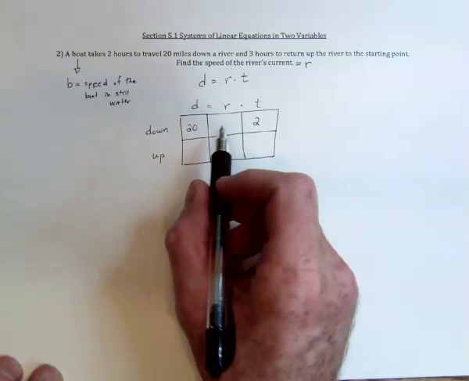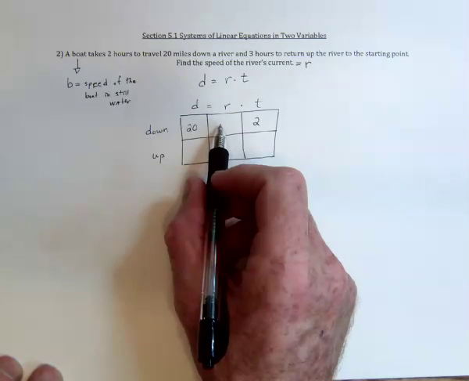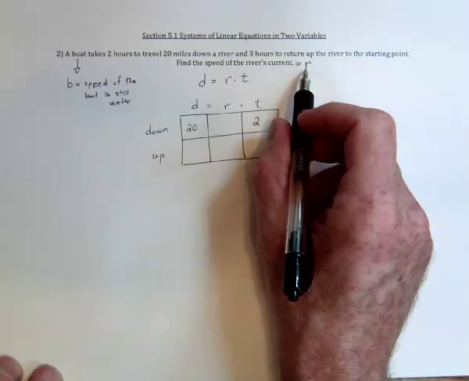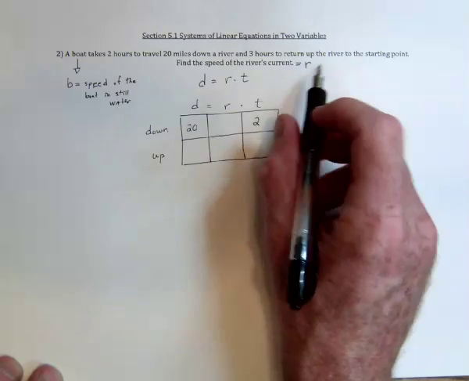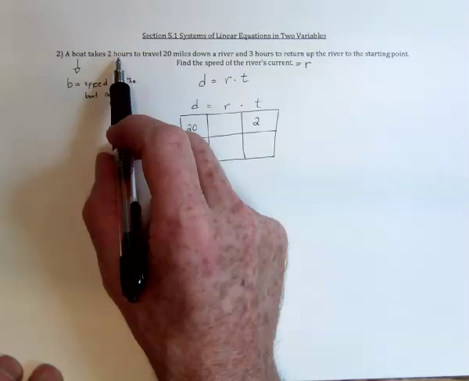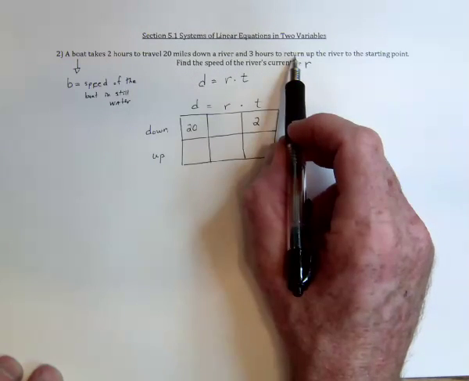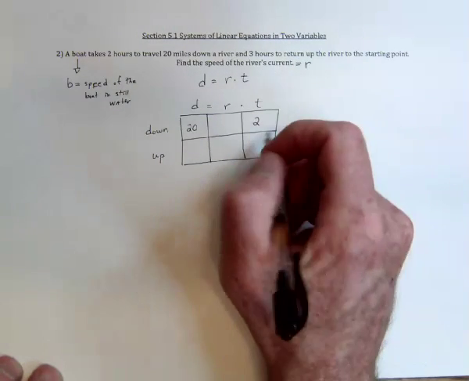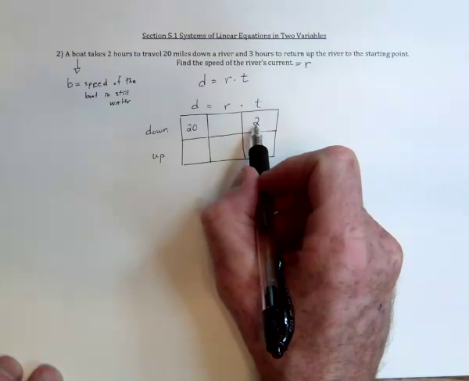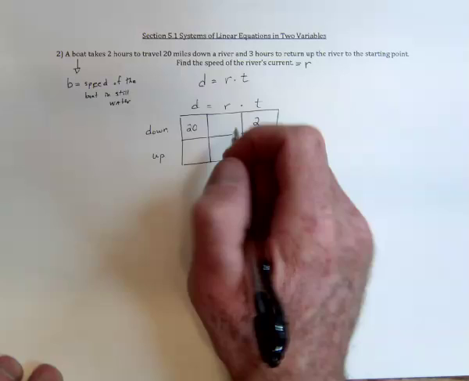So when we look at this part in here, there is the speed of the boat, and then the river either helps it or slows it down. Well, as it goes down the river, it takes 2 hours. The return trip up the river takes 3 hours. So in here, they're going faster, which means that the river is helping them out.